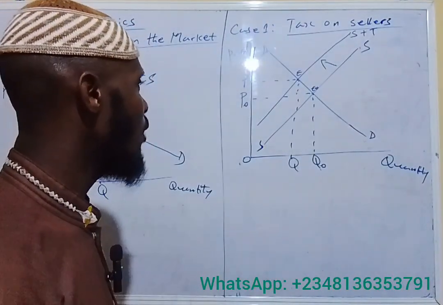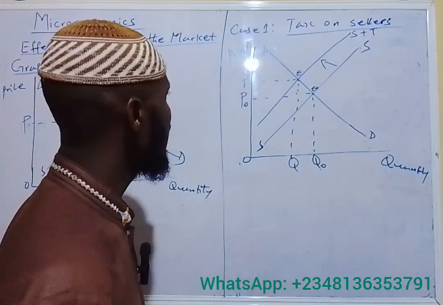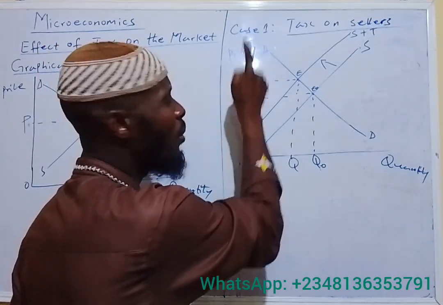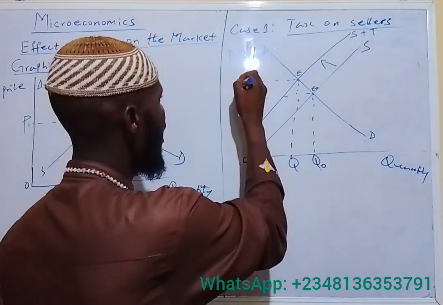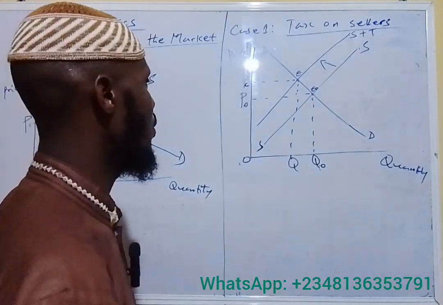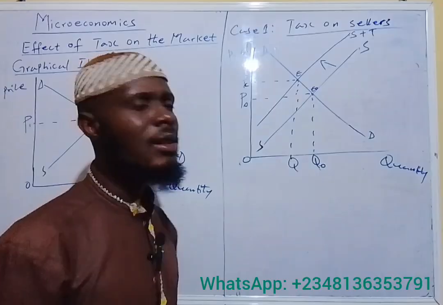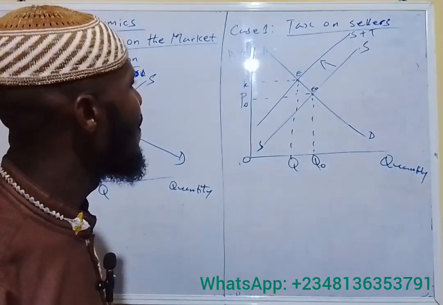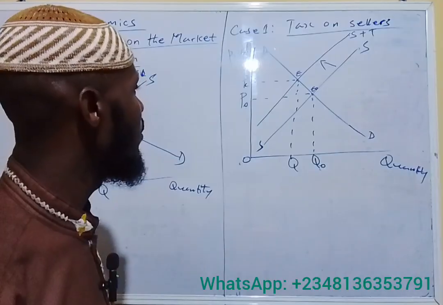Look at this P. This is the new price in the market, the amount the consumer is paying in the market. I call it PC. What price is the seller receiving in the market?